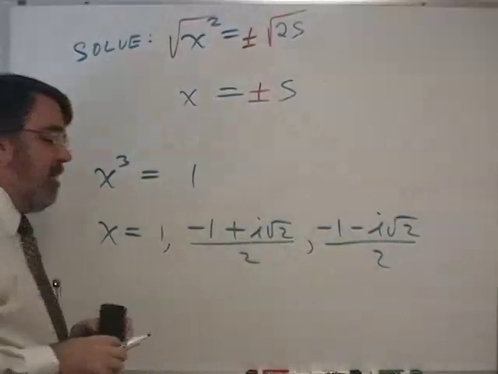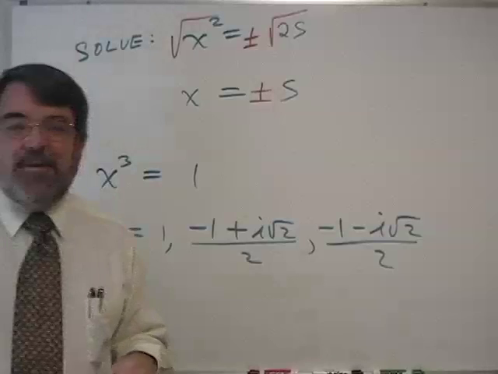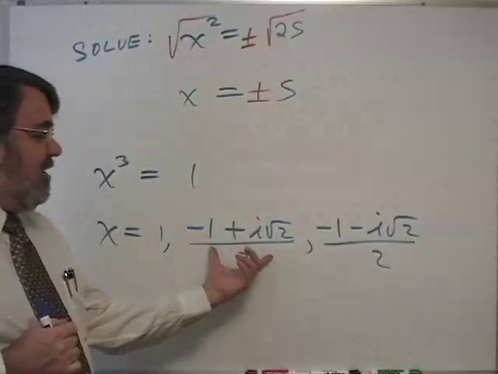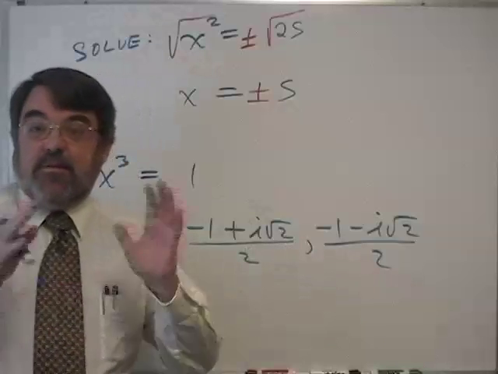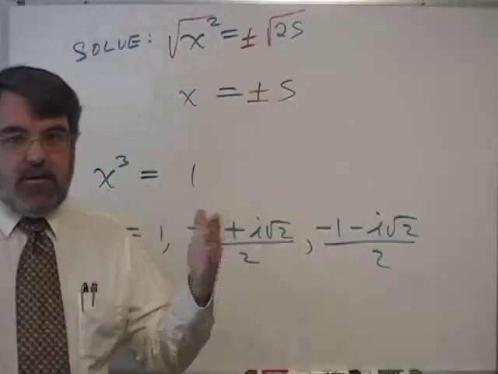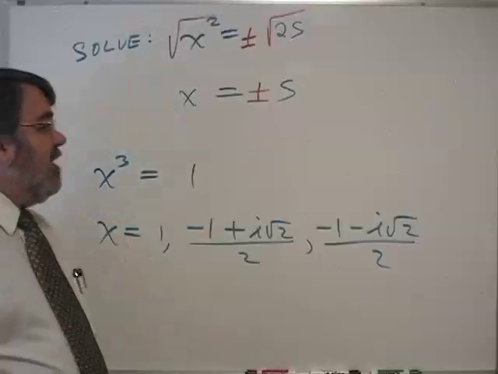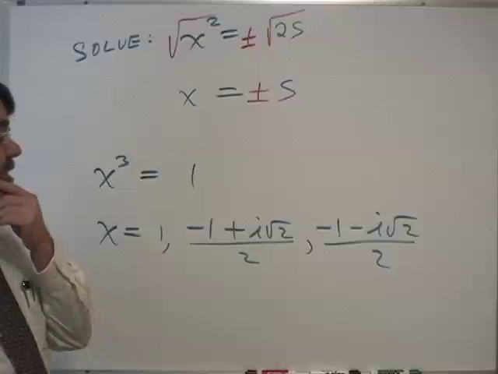So you'll either have to take my word for it, or you could verify this if you take one of these two complex numbers and raise it to the third power and do all the rather nasty complex arithmetic on it. You will get positive 1 for an answer.